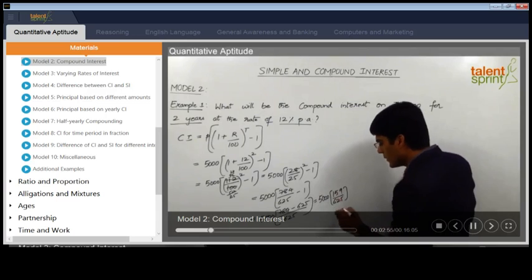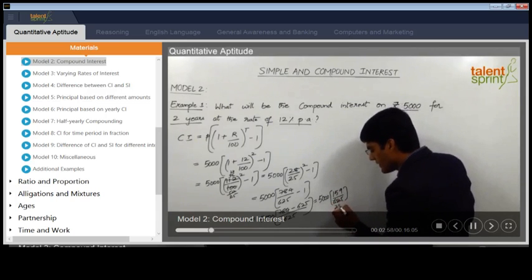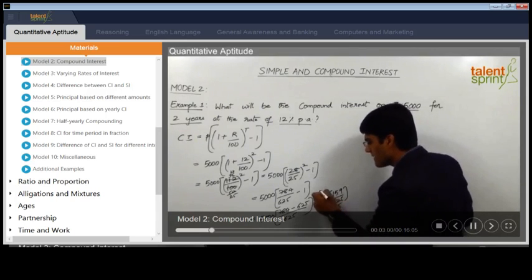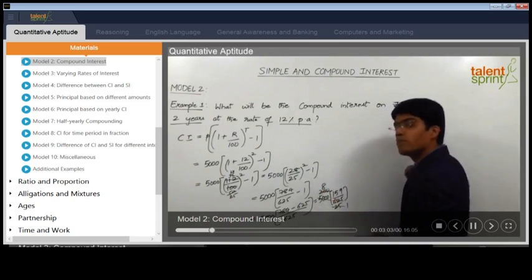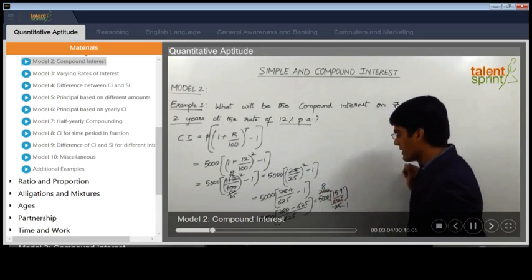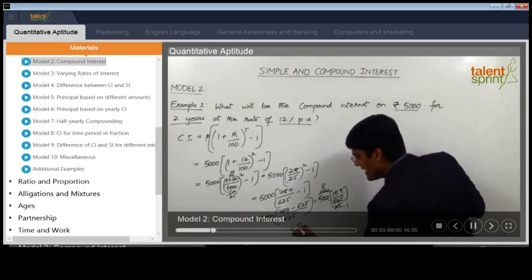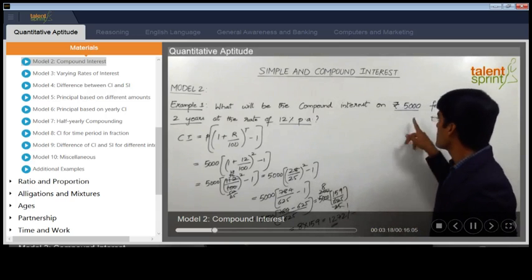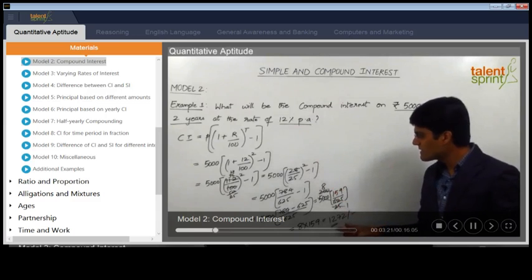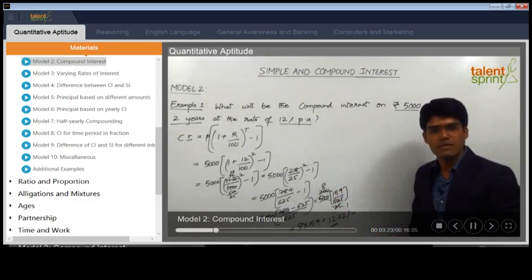Now simplifying it further, 25 into 25 is 625, and 25 into 200 would be 5,000. So the answer should be 8 into 159, which equals 1,272 rupees. So the total compound interest on an amount of rupees 5,000 for a period of 2 years at the rate of 12% per annum is 1,272 rupees.